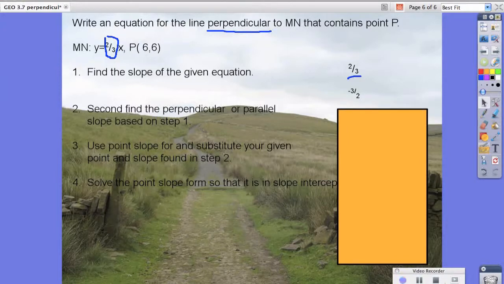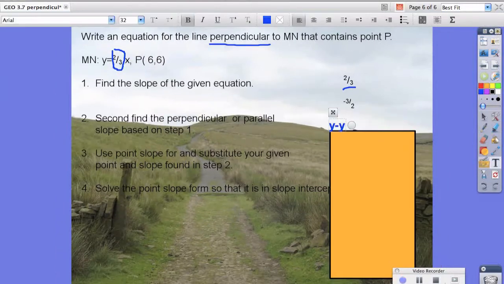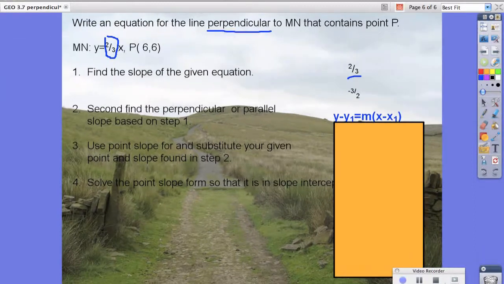Number 3 says use point slope form and substitute your given point and slope found in step 2. So remember, point slope form is y minus y sub 1 equals m times the quantity x minus x sub 1, where m is your slope, and x sub 1 and y sub 1 are your given point for x and y respectively.